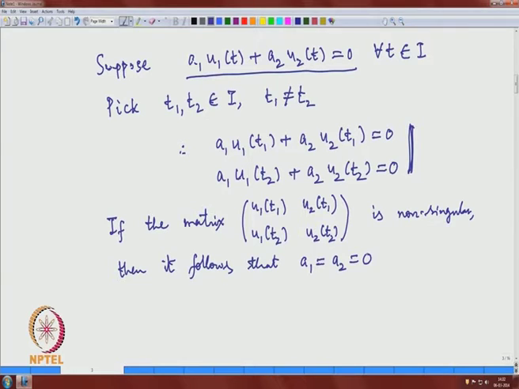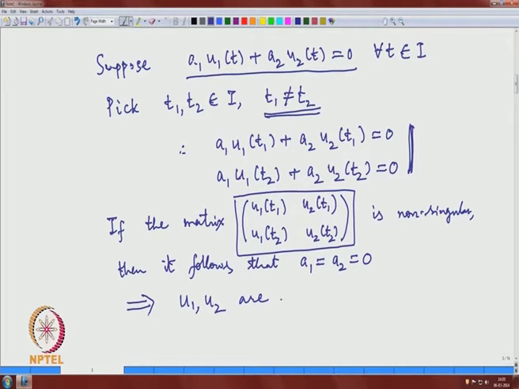So, with this condition, if we are able to pick two distinct points in the interval I such that this matrix is non-singular, then we get a1 equal to a2 equal to 0. So, that implies u1, u2 are linearly independent. So, let me shorten it.